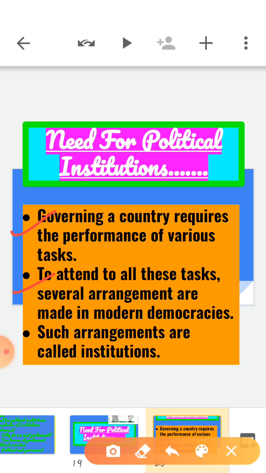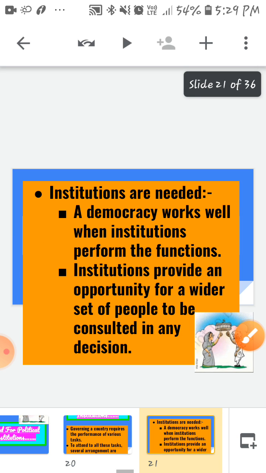To attend to all these tasks, several arrangements are made in all modern democracies, and such arrangements are called institutions. Clear? Okay, now let's see.